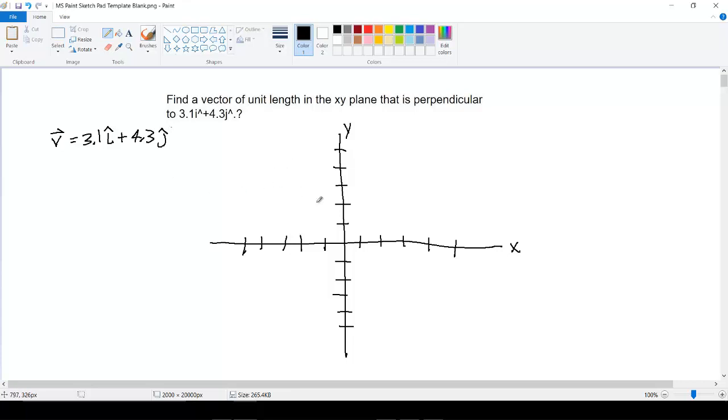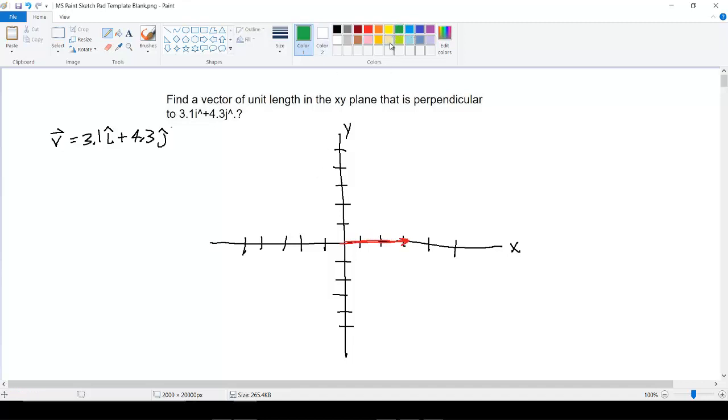When we say we have this vector and it's broken down into an i component and a j component, what that means is if we took 3.1 times our i unit vector, that unit vector was 1 unit long, so 3.1 times that is going to be 3.1 units in the positive x direction.